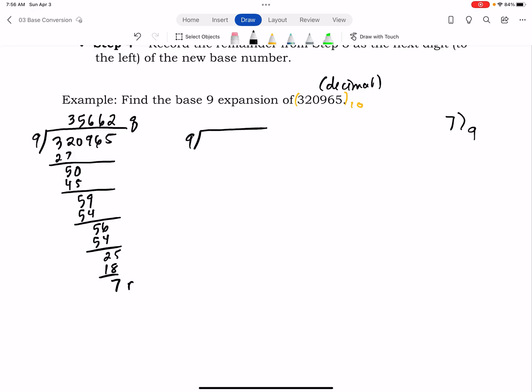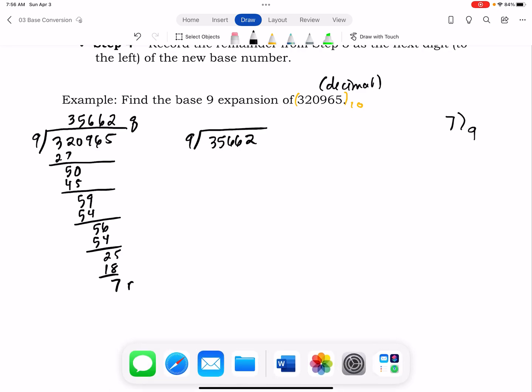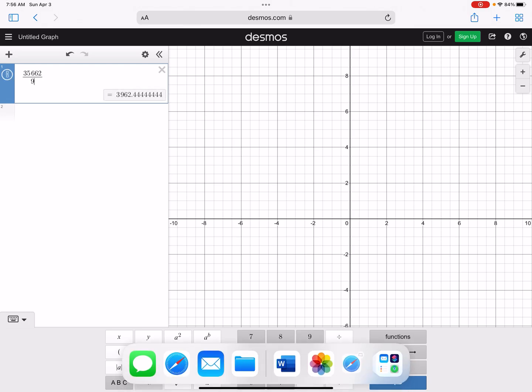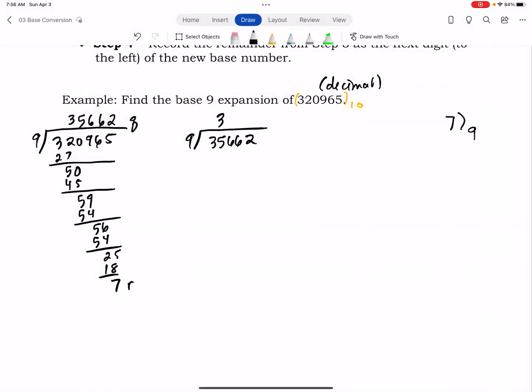I'm going to put 9 into this quotient. The way you can do this in your calculator is you can do 35662, that was my quotient, divided by 9, which gives me 3962. So my integer part, my quotient, is 3962.